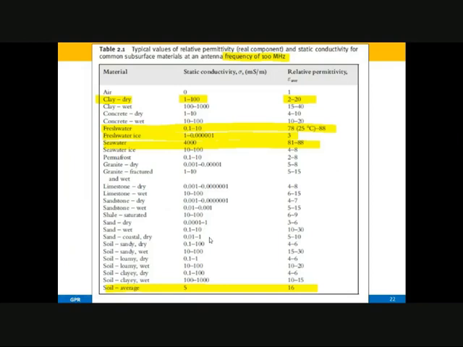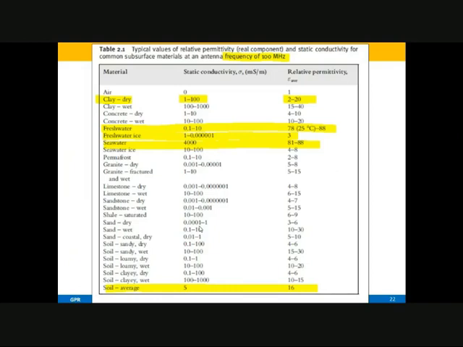Suppose there is a dry sand with a certain static conductivity, and there is a wet sand saturated with fresh water. See the conductivity. Let's say the dry sand has a conductivity of 1 millisiemens per meter, and wet sand has 10 millisiemens per meter. So there is a contrast between dry and wet, which means there is a water table. The boundary can be defined as a water table.